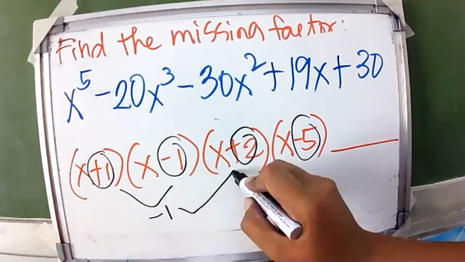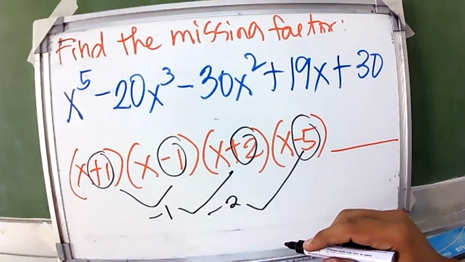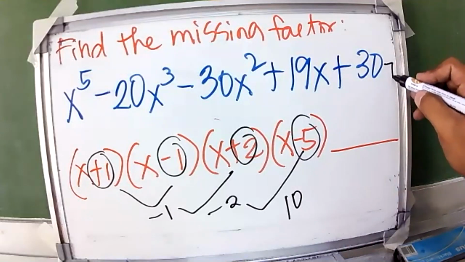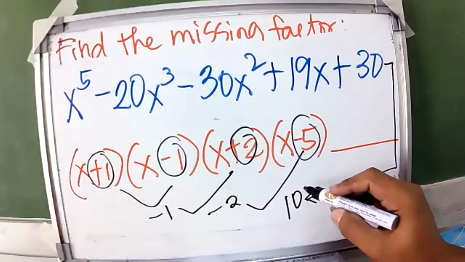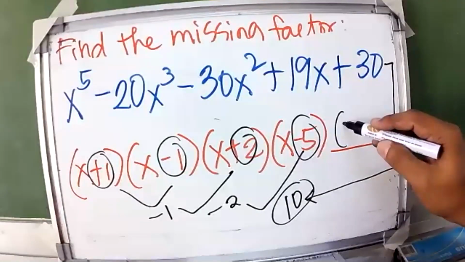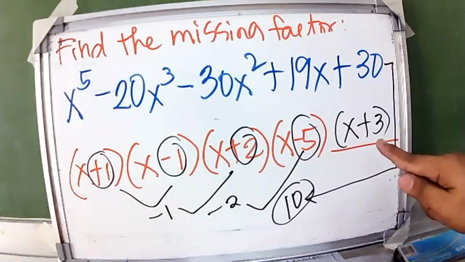Negative 1 times 2, that's negative 2 times 5, that is positive 10. 30 divided by 10, the answer is positive 3. So, x plus 3.